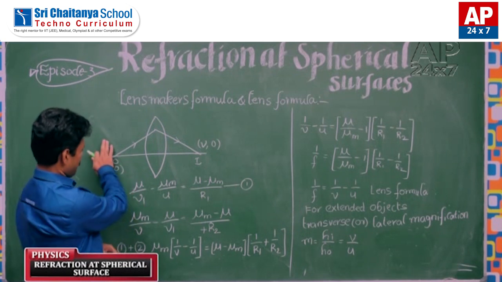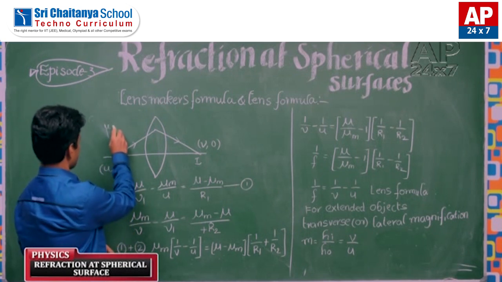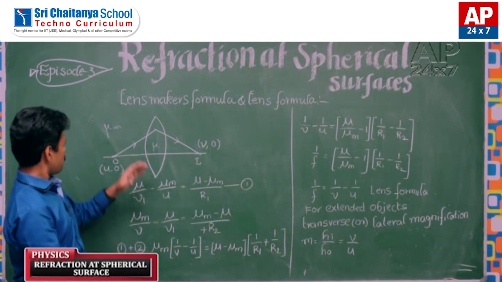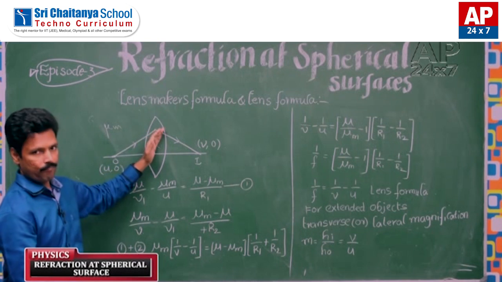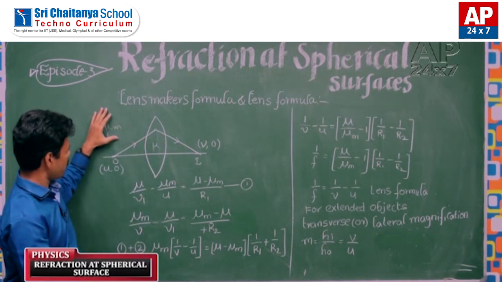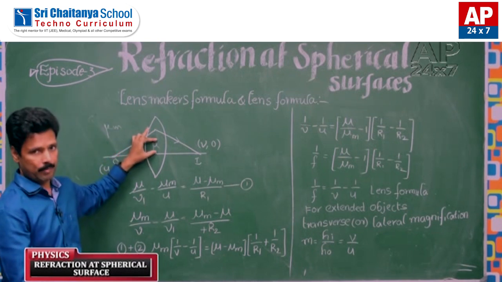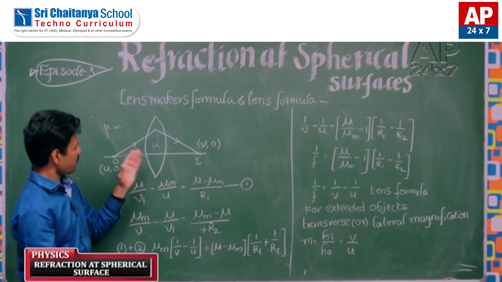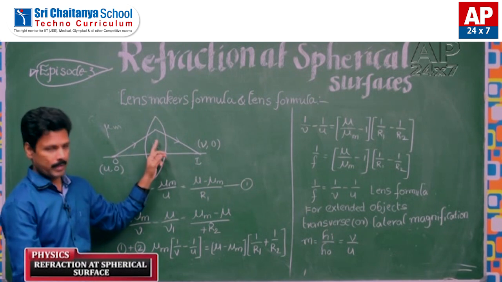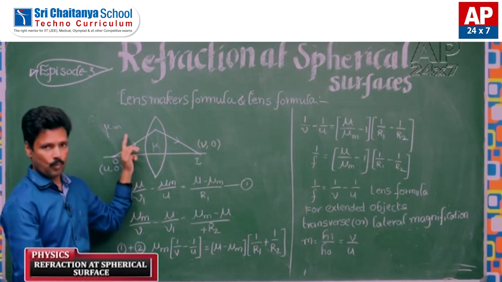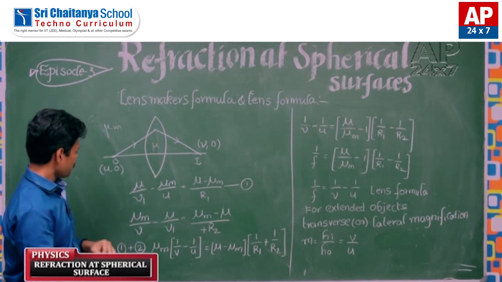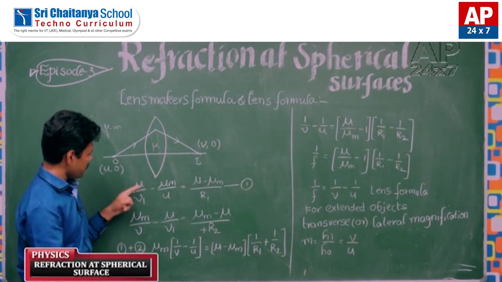For this medium the refractive index is mu m and this is mu. Light ray is now entering from here to here, therefore this is medium 1 and this is medium 2, right?